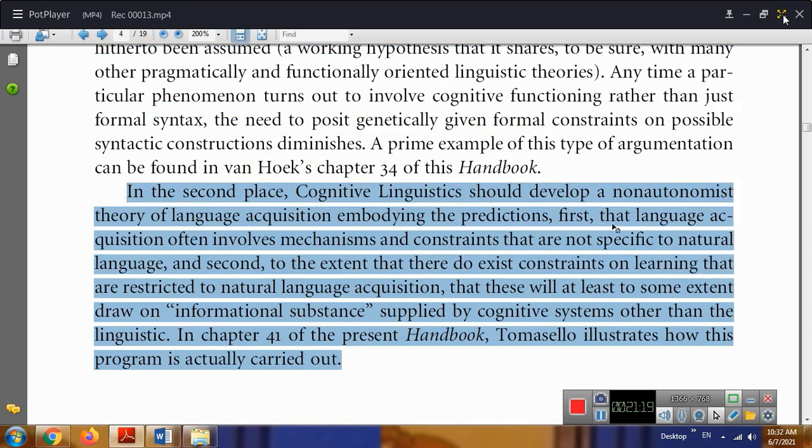In the second place, cognitive linguistics should develop a non-autonomous theory of language acquisition embodying the prediction, first, that language acquisition often involves mechanisms and constraints that are not specific to natural language, and second, that to the extent that there do exist constraints on learning that are restricted to natural language acquisition, this will at least to some extent draw on informational substance supplied by cognitive systems other than linguistic.